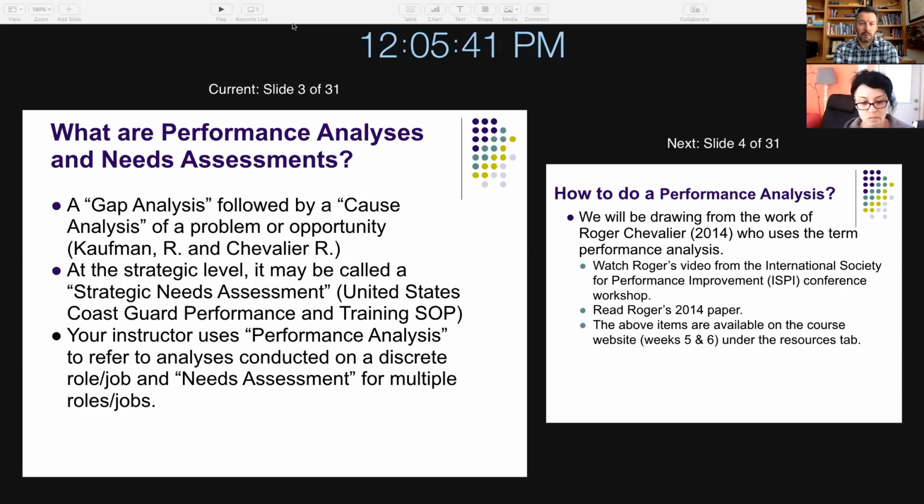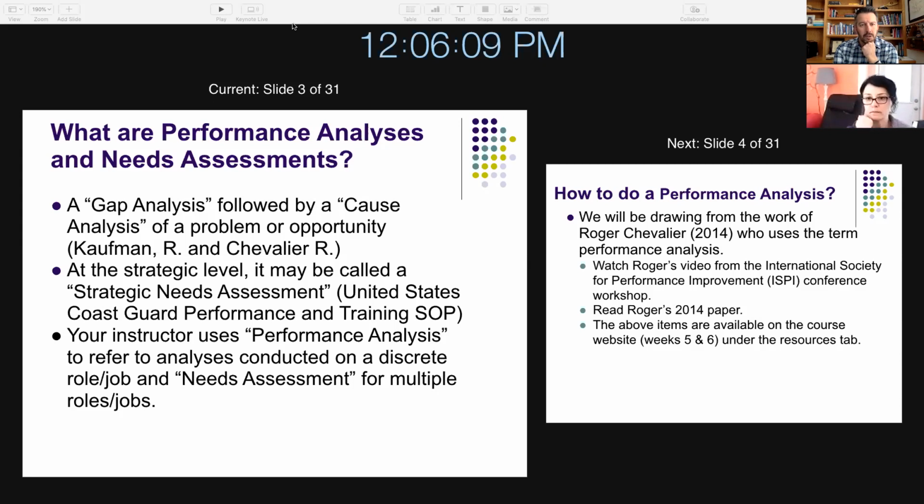If you read Roger Kaufman's work, he refers to these as needs assessments. If you read Roger Chevalier's work, he will refer to them as performance analyses. We use a lot of Roger Chevalier's work in this class, including his book. So that term might be preferred in this instance.